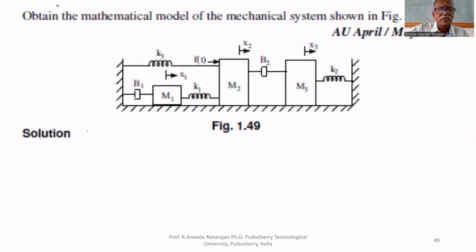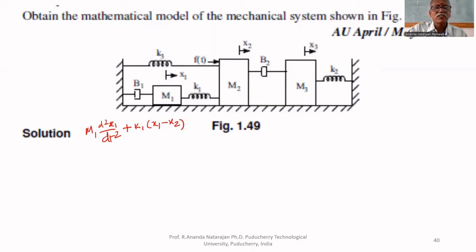The first equation is m1 d square x1 by dt square plus k1 (x1 minus x2). Why? Because it is connected between the first mass and the second mass.